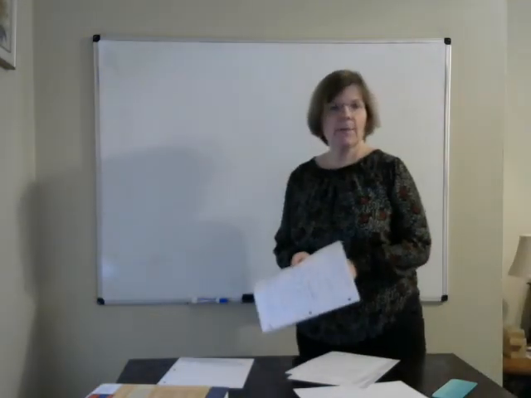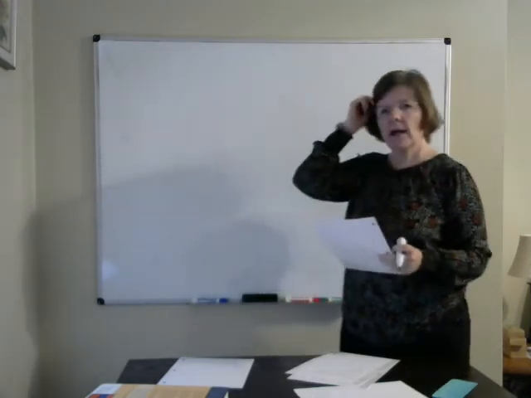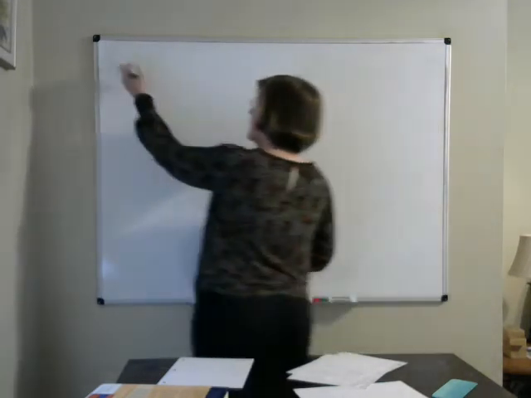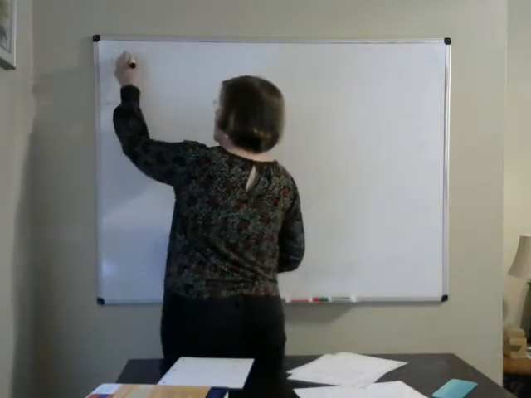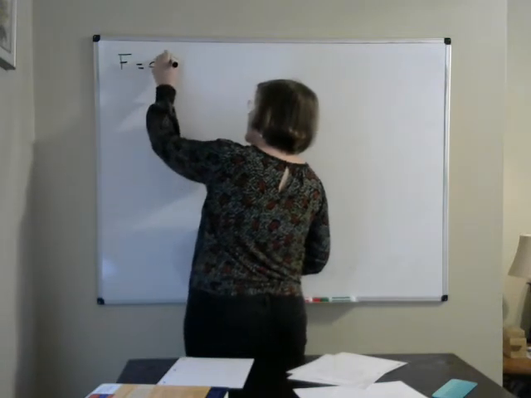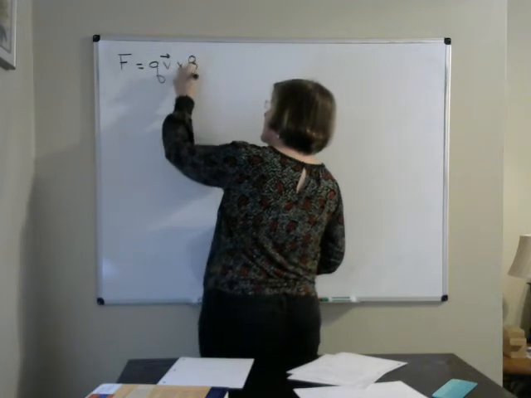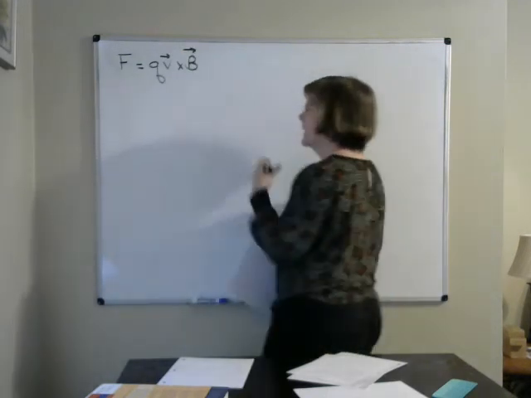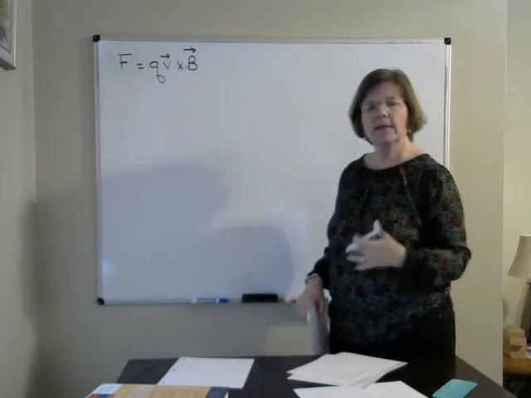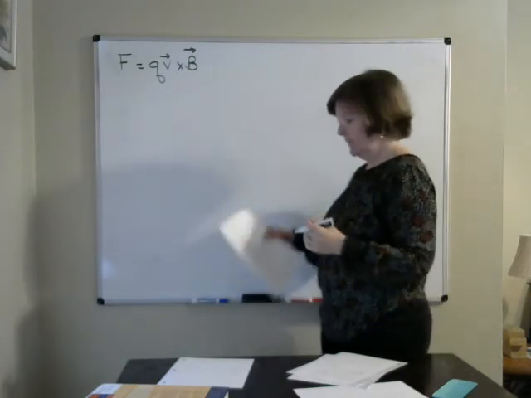So this is that promised video about how to do a cross product. Suppose that we wanted to solve a problem and we have this formula, q V cross B. And we can't use the qVB sine theta because they give us V and B in component form.